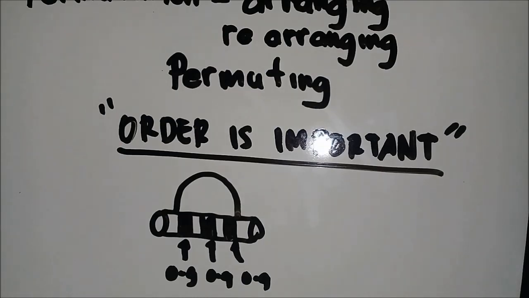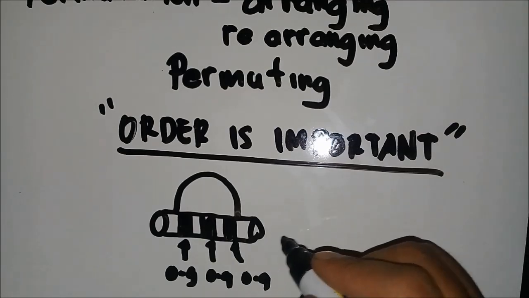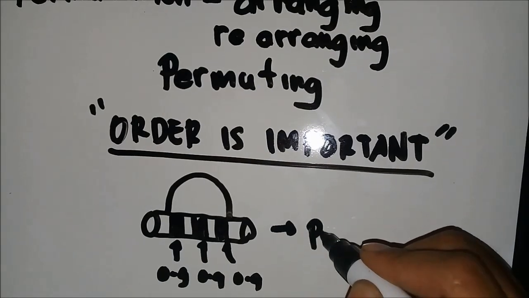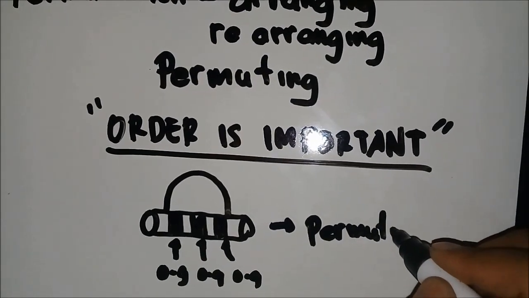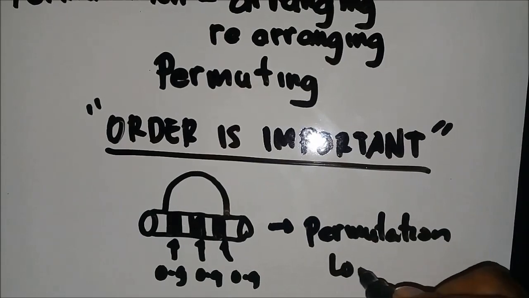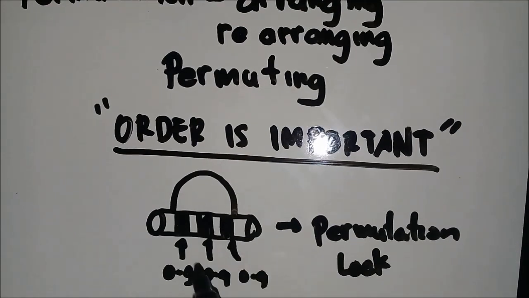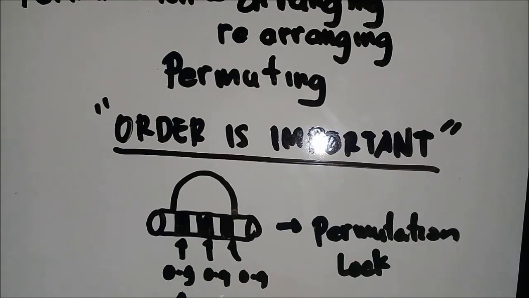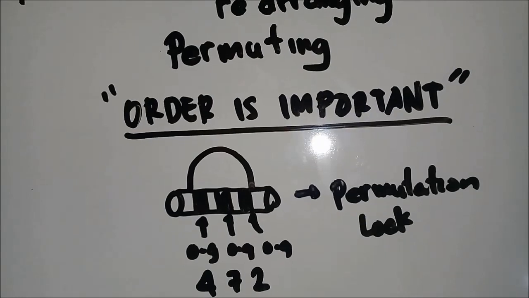In this case, this is widely called a combination lock set, but in reality this must be called a permutation lock. You know why? Because if the combination is, for example, 4, 7, 2, the order is important.